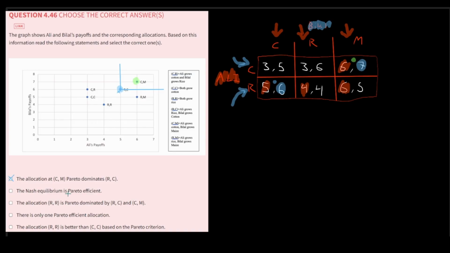The Nash equilibrium is Pareto efficient. I struggle with this wording. I would say a Nash equilibrium is Pareto efficient because, as we've just talked about, there are more than one Nash equilibrium. So one of those Nash equilibriums is Pareto inefficient.